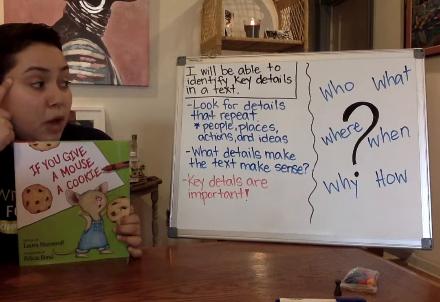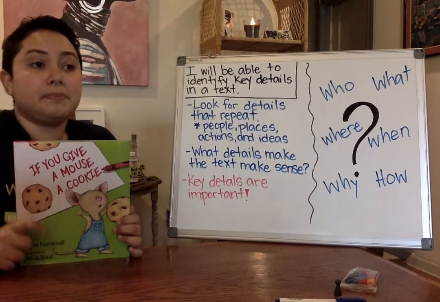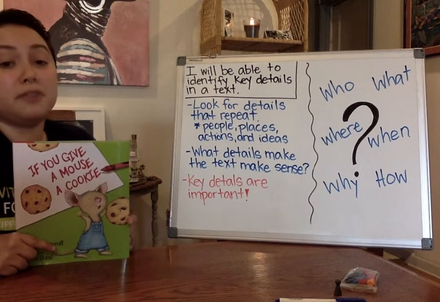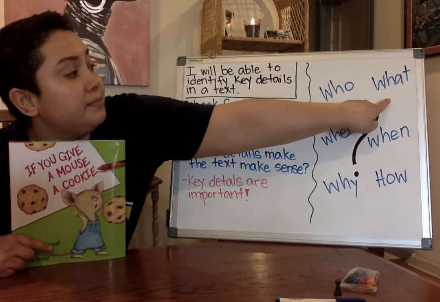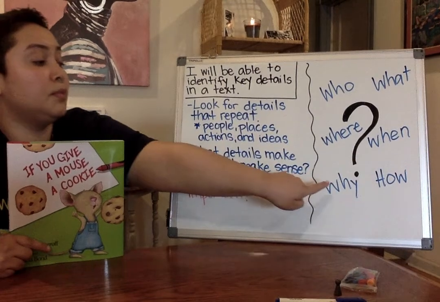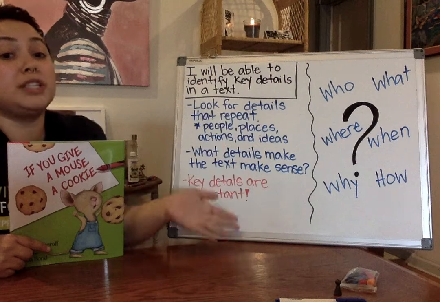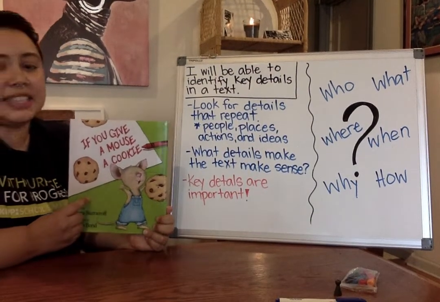I want you to think about our W words first. Now, it's my turn. Some of our question words are who, what, where, when, why, and how. These are the words that we'll use when we're asking questions about things that happen in the text.